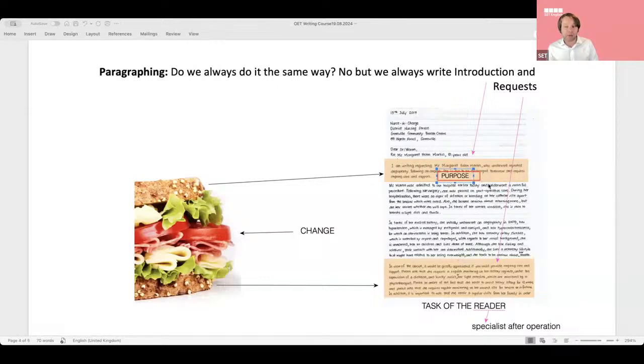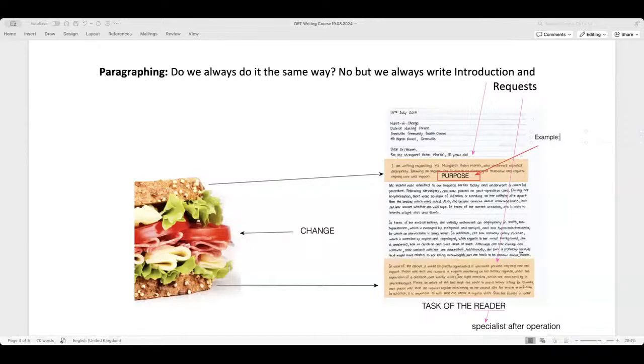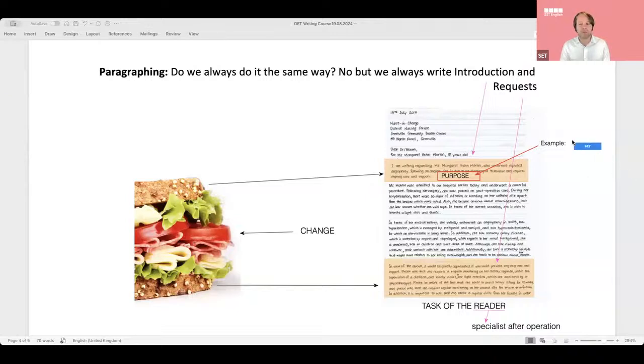Okay, must be given. What do we mean by purpose, Priyanka? Can you give me an example of a purpose that you might see in OET? If I'm writing regarding Mr. name and then the diagnosis of something. What's the purpose that you might write in? He requires further monitoring or care. So monitoring, guys, right?